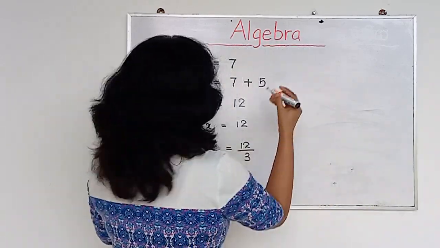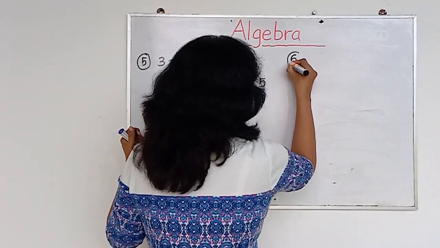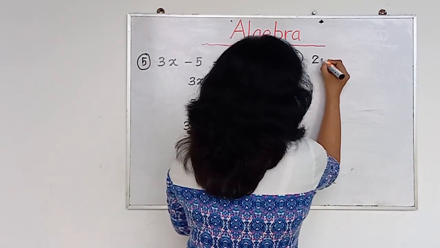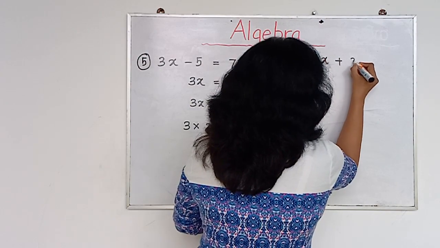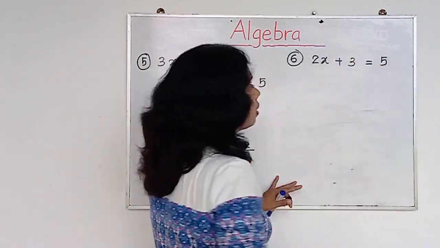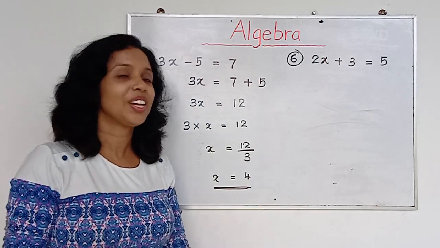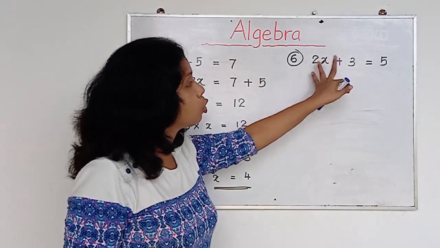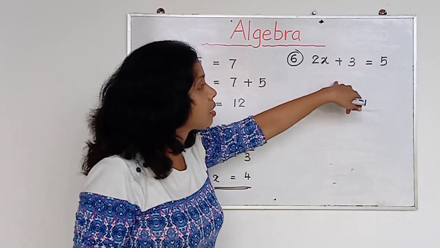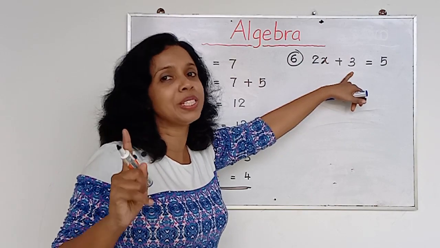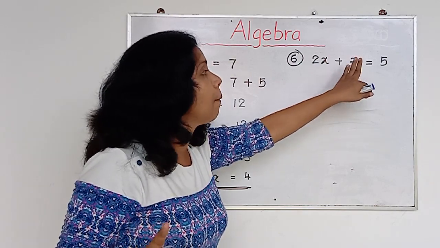Question number 6. Right. Now look at this similar question. What do you want to do? You want to find x. So there are 2 numbers. To keep x alone, I want to remove these 2 numbers. Which one am I going to select first to remove? Plus 3.